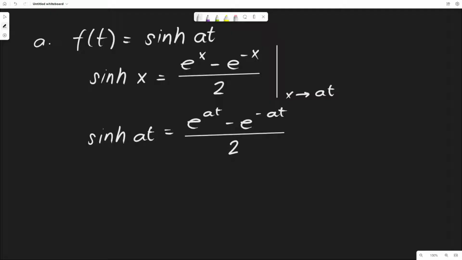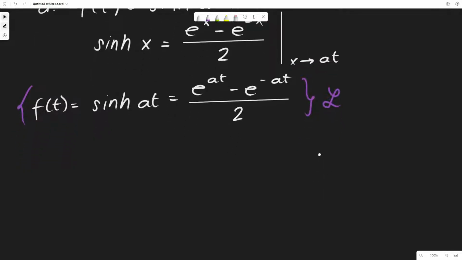And ito ngayon yung hahanapan natin ng Laplace transform. Ayan. So we have therefore F of s is equal to 1/2, using linearity property, lalabas yung mga constant. Then kunin natin yung individual Laplace transform ng e raised to at at saka yung e raised to negative at.